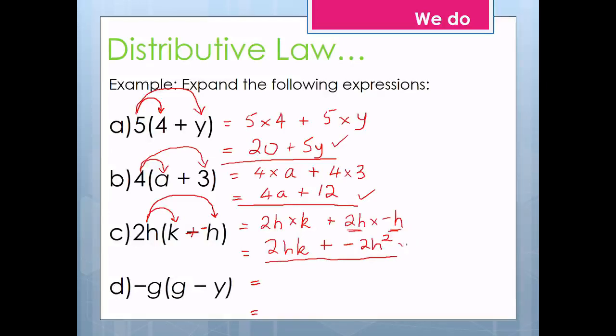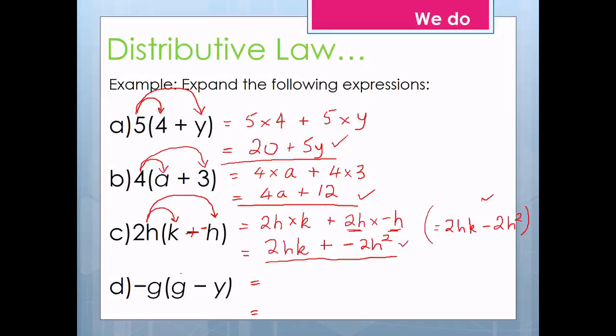Now, because you're beginners, if you got to that point there, well done, you got it correct. As I said, if you are a little bit more advanced with your mathematics, you would have recognized that that would be 2hk take away 2h squared, because remember, when you plus a negative, it's the same as just taking away. So well done if you got that one.